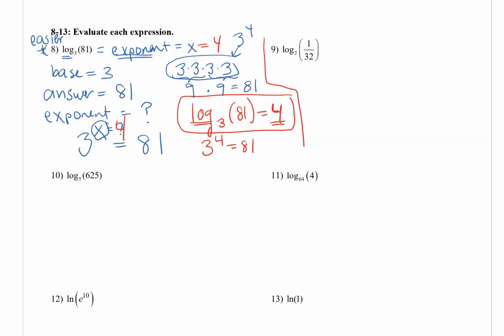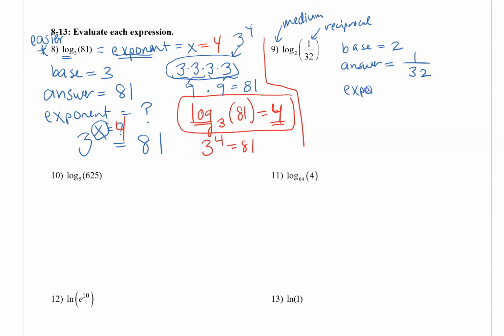Now in number 9, this is one that I would consider to be a medium level. It's not the hardest type, but it is definitely a little harder than number 8, because I'm dealing with a reciprocal as my answer. So I can see that my base is 2, and my answer is a fraction, some kind of reciprocal.